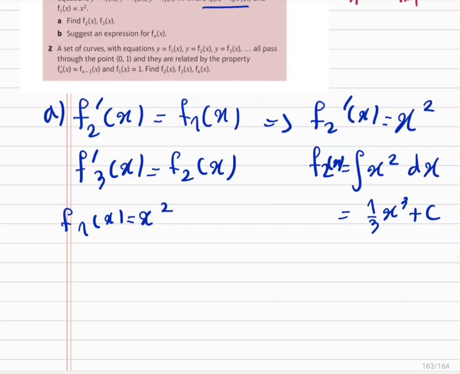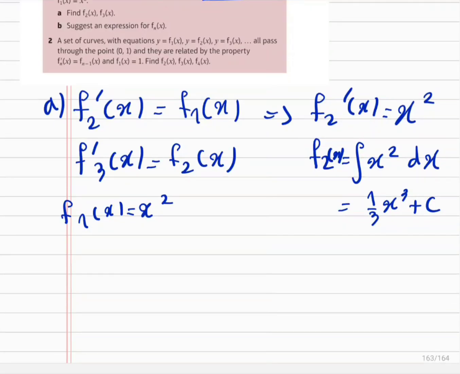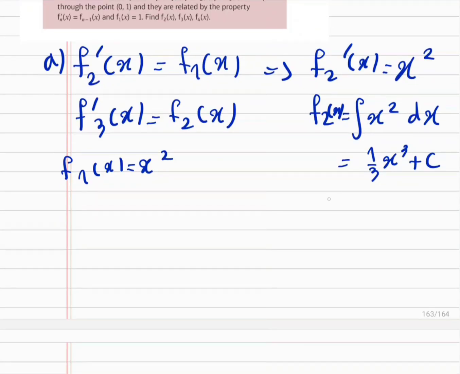When a curve passes through the origin, it just means that if x is 0, then the output is also going to be 0. So substituting 0, that gives the value of c as 0. That means the y-intercept is 0. So for all of these functions, the constant of integration is going to be 0.